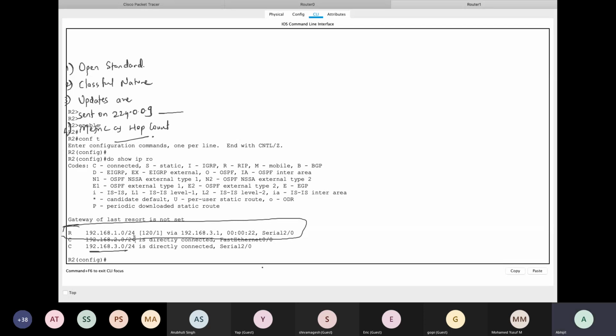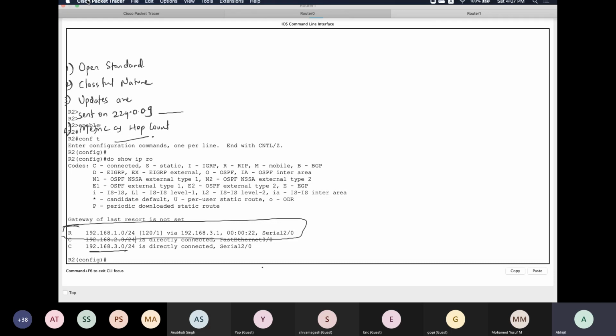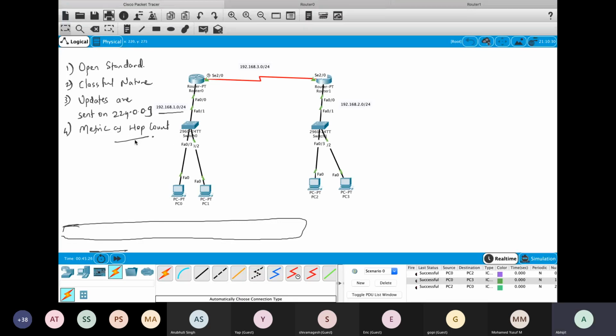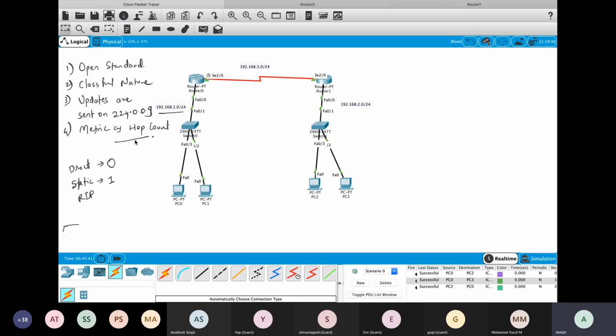When we look at the topology, you would see that a static route has an administrative distance of 1. A directly connected route has an administrative distance of 0, and a route that is learned by RIP has an administrative distance of 120.